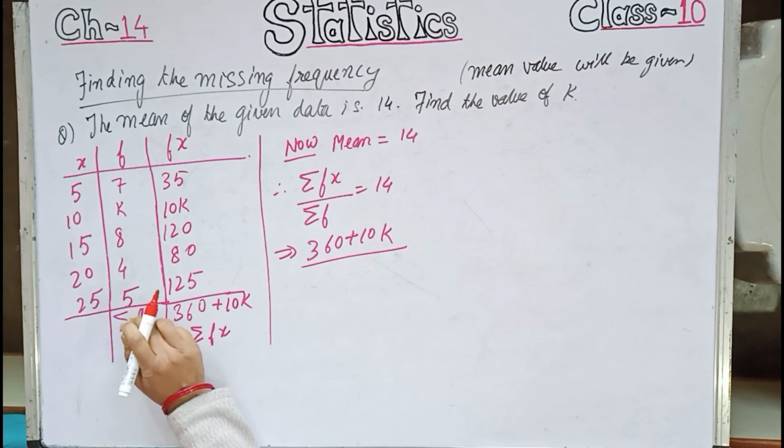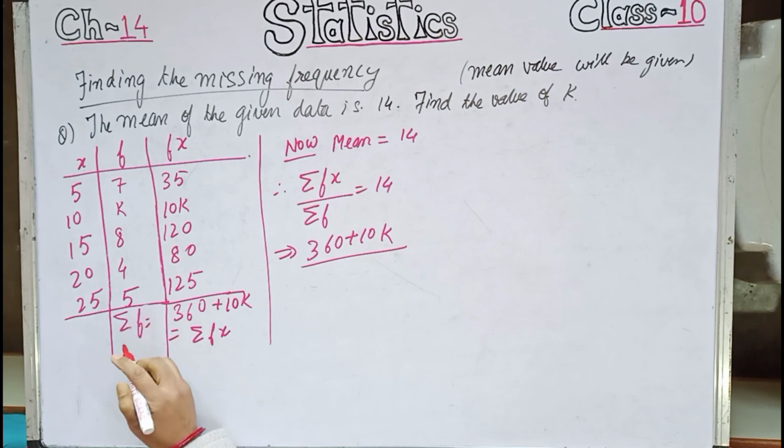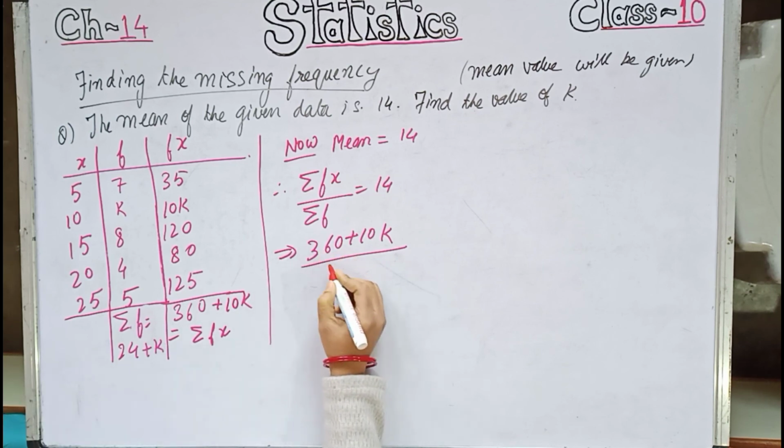Summation f is 24 plus k. So we will be dividing over here by summation f.